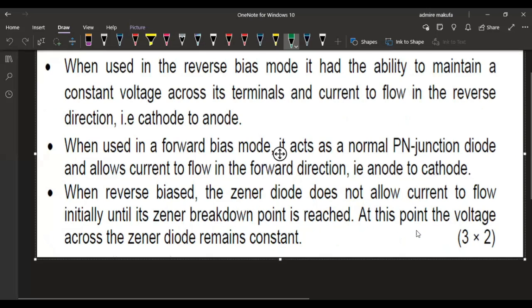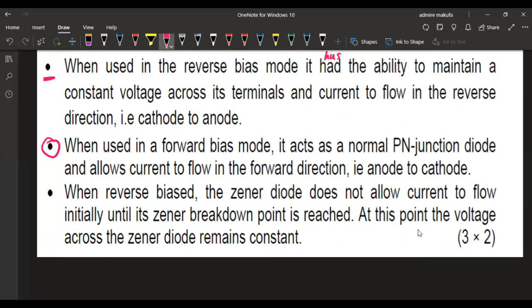These are some of the properties that we're going to consider on our Zener diode. When it is used in the reverse bias mode, it has the ability to maintain constant voltage across its terminals and allow current to flow in the reverse direction, that is cathode to anode.